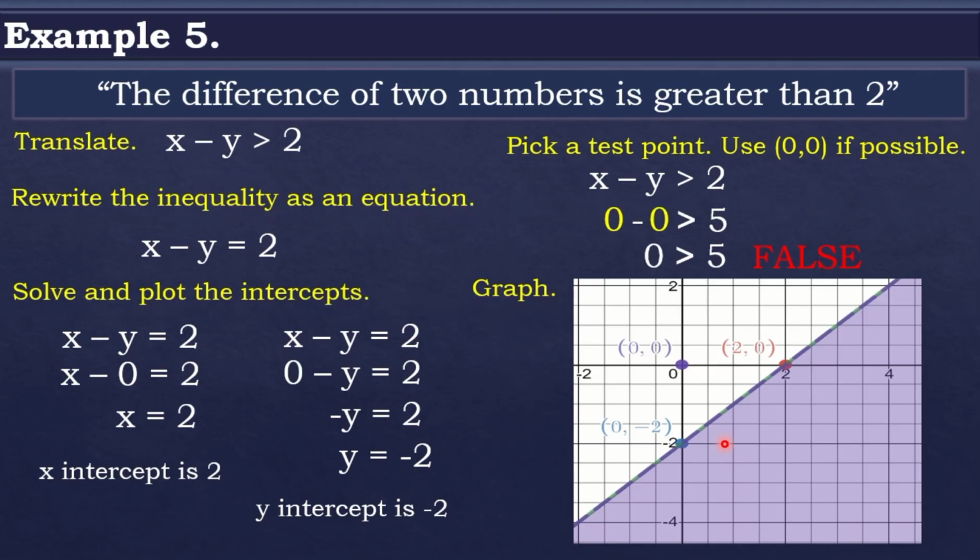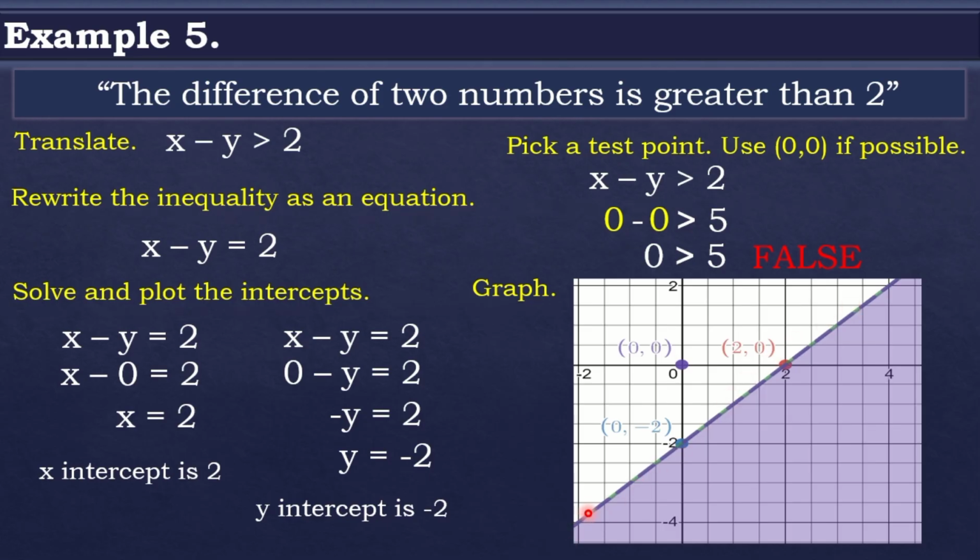Okay? Now, the question: are the 2, 0 and 0, negative 2 part of the solution? No, because as you can see, this is a broken line. So since this is a broken line, it is not part of the solution. It is not a solution, including those on our boundary line.